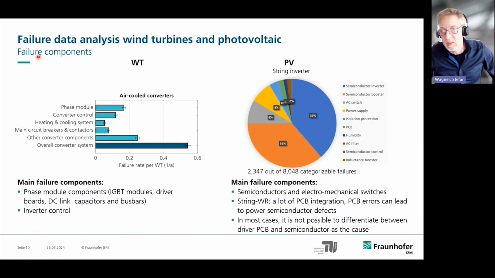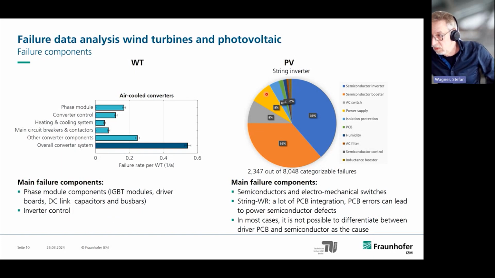Here I want to show you some failure data analysis from wind turbines and photovoltaics. Here you can see for the wind turbines a very high number of the main failure components are the phase module components with the IGBT modules, the driver boards, the DC link capacitors, and the bus bars, and the inverter control.